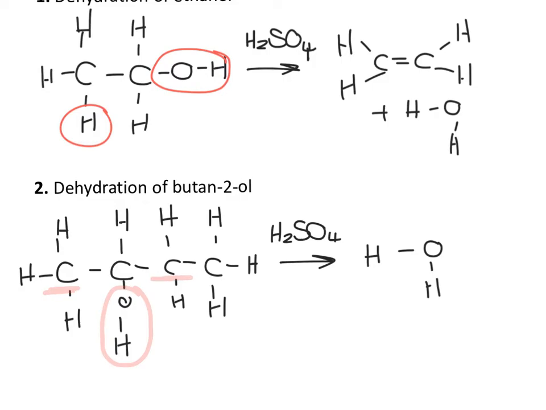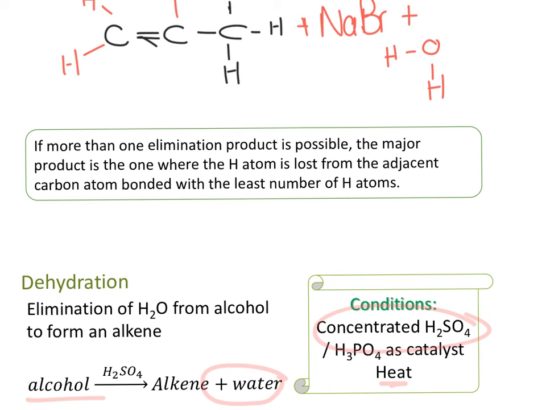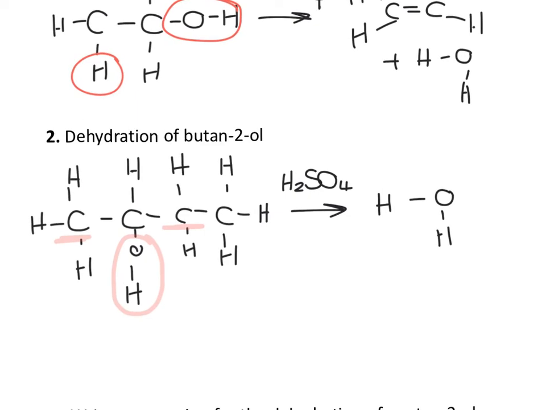The rule that we just looked at said that if there's a possibility, the major product is the one where the atom is lost from the adjacent carbon bonded to the least number of hydrogens. So we look back here and we go, well, the first carbon over here has 1, 2, 3 friends. This one only has 2 friends. That one's got the least number. So I'm going to take a hydrogen from that one.